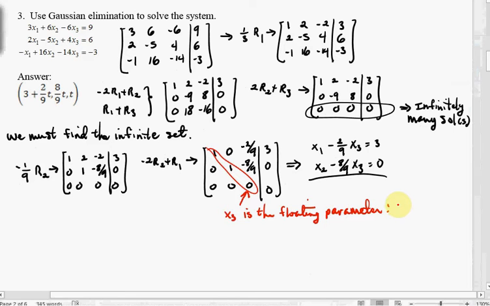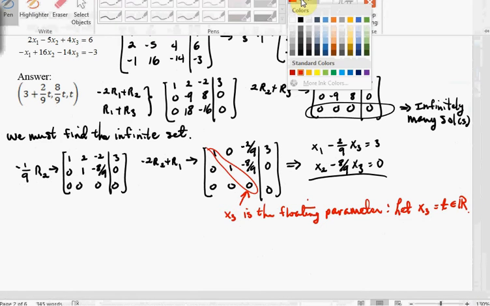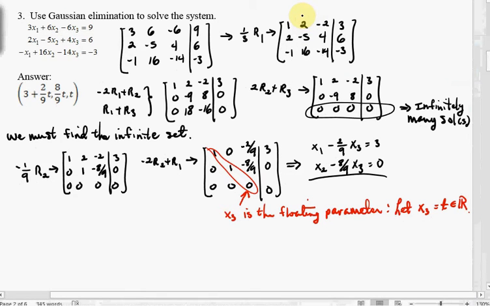So here we say let x sub 3 equal to t. T is any real number. So we have now x sub 1 minus 2 over 9 t is equal to 3. X sub 2 minus 8 over 9t is equal to 0.